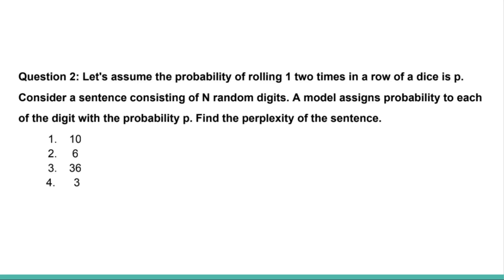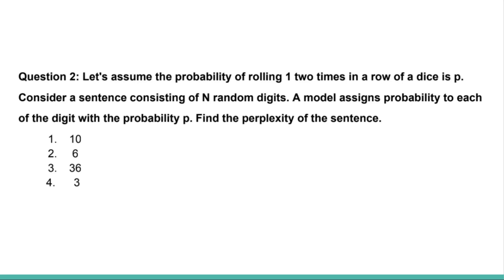The way we need to solve the problem is we need to start by computing P. So P is the probability of consecutively getting 1 in a row of a die. So the probability will be 1 by 36.